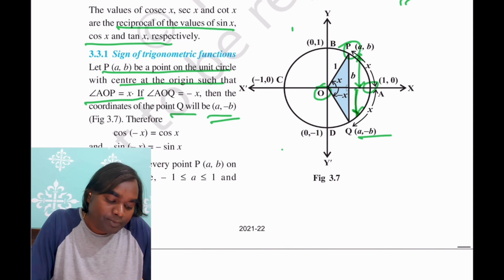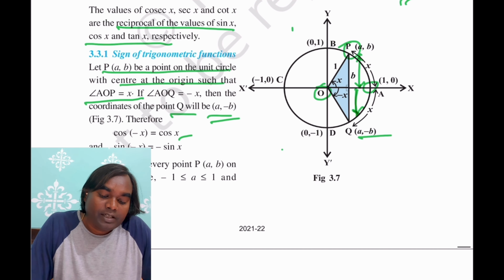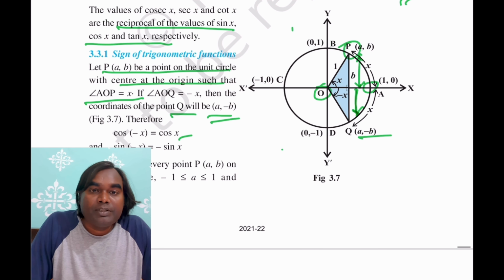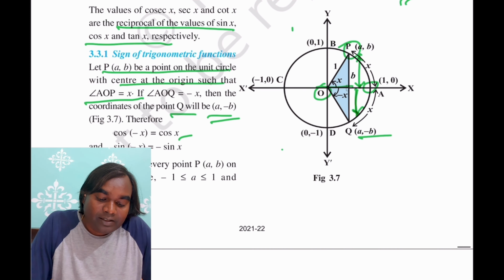Therefore cos of minus x is equal to cos x, because cos x is always given in terms of the base when the hypotenuse is equal to 1. So here a is not changing its sign. Therefore cos of minus x is equal to cos x, but sin of minus x is equal to minus sin x, because sin is given in terms of b and here b changes its sign.